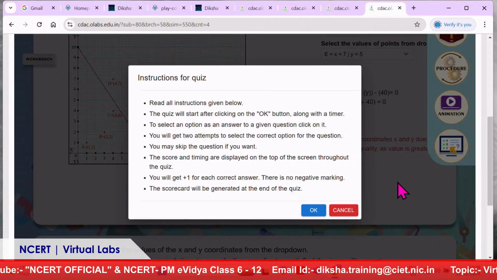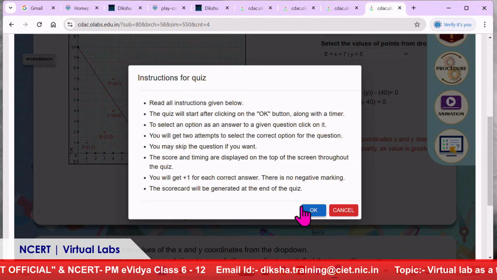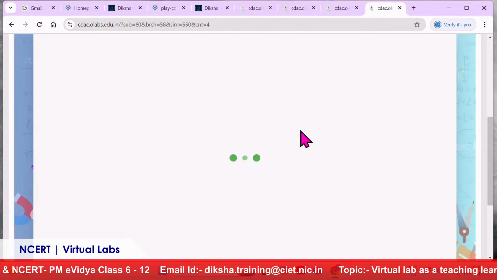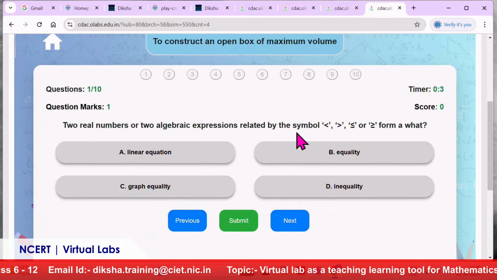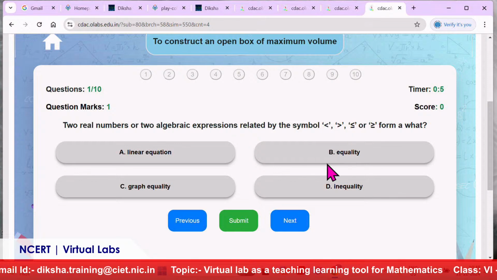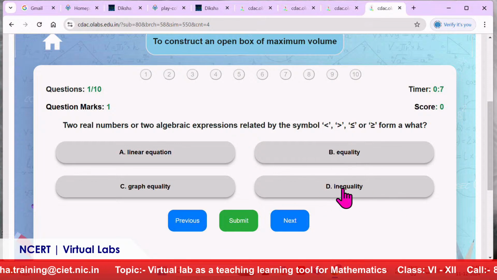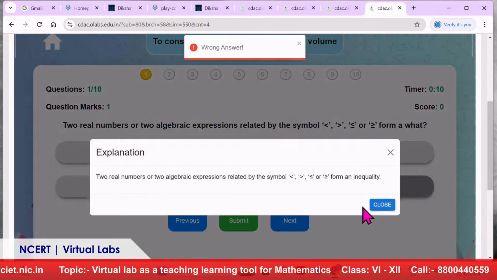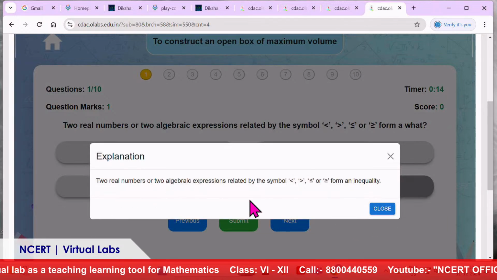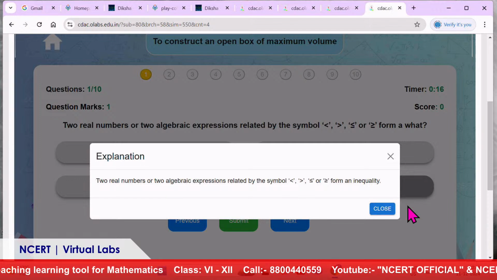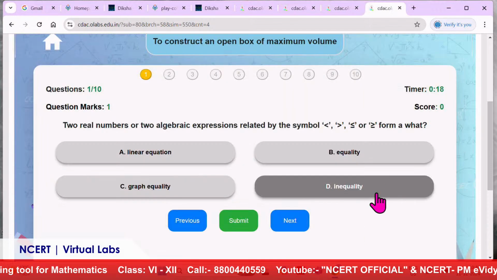In some simulations you will get quiz questions also. To perform the quiz you can give your answers here, like the first question, 2 real numbers and 2 algebraic expressions related by the symbol. So they can give their responses here and submit their answers, and immediately they get the feedback that your answer is correct or your answer is wrong. So all the instructions are given here.